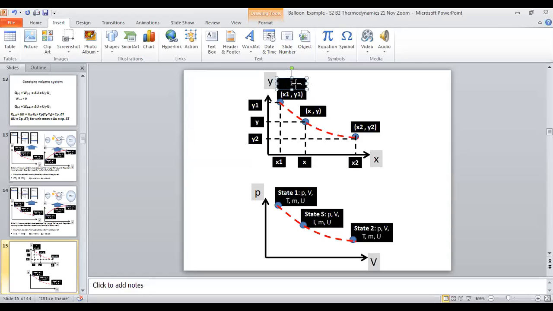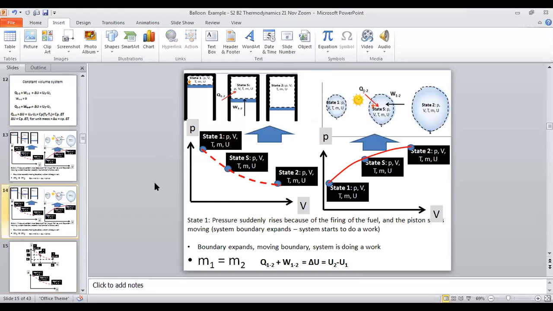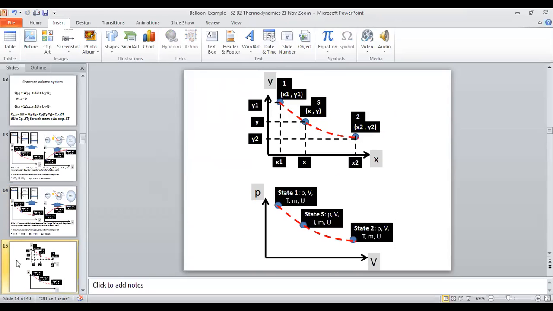So you have to have this mind map. This state is 2. And if you need a general state, let's say this is S, that is all right. Yeah, this state is S.